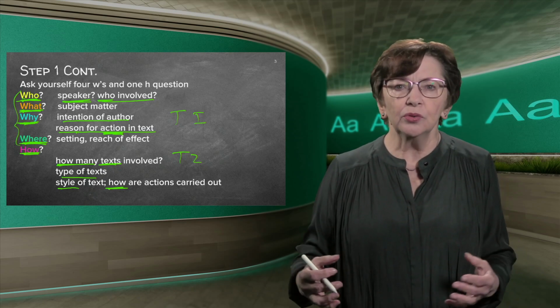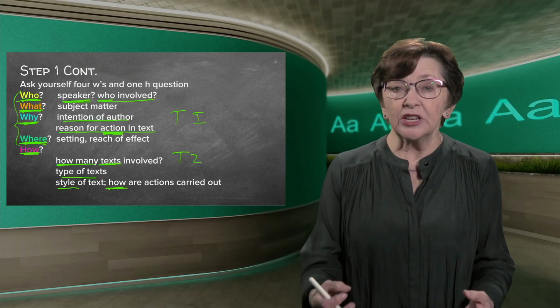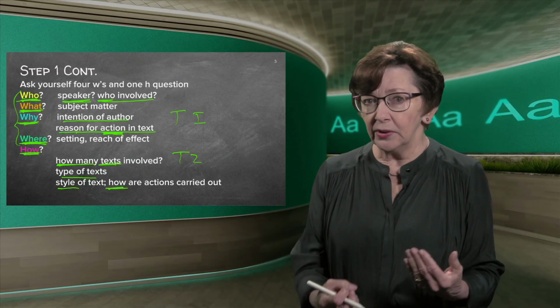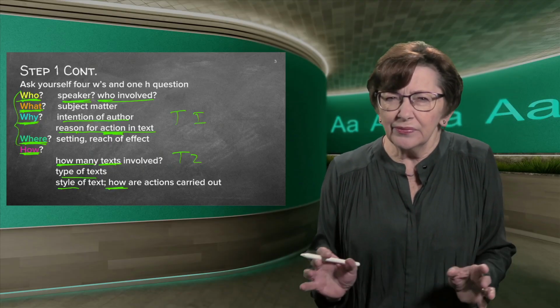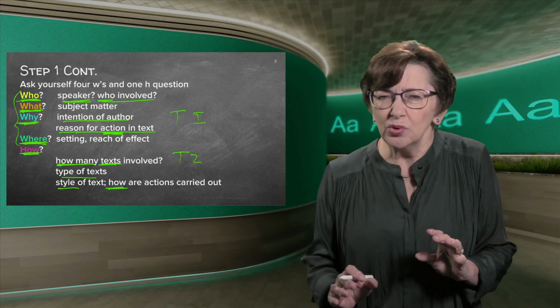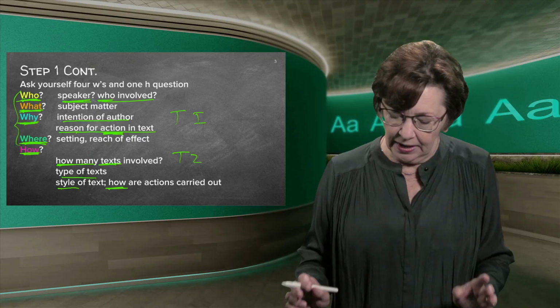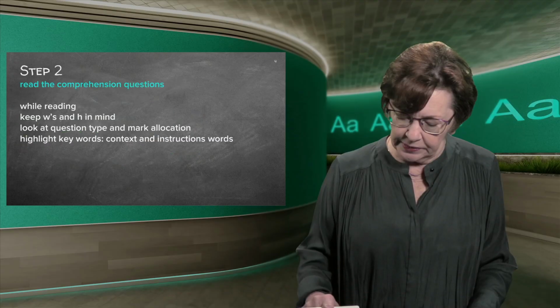If it's a cartoon, how does it create humor? How does it present an aspect of the same subject that we heard about in text A? So you ask yourself all sorts of hows and whys and whos as you are reading, just to make sense of how the text, or the texts, are put together.